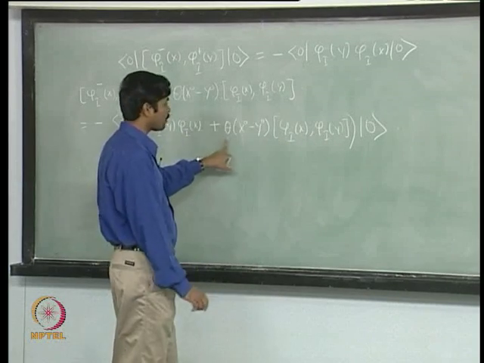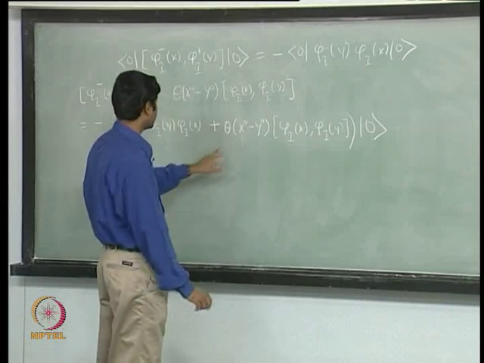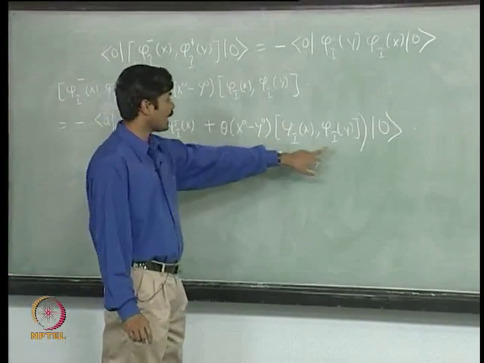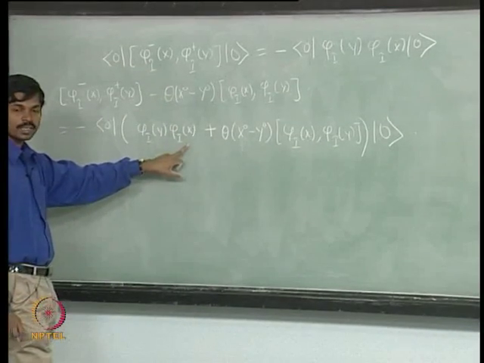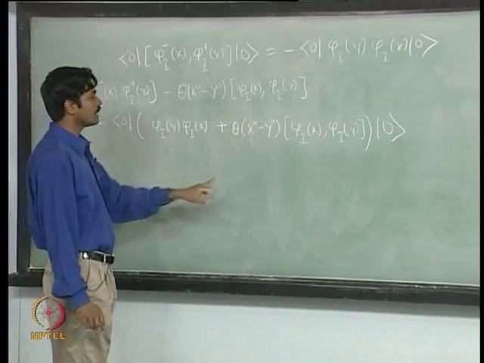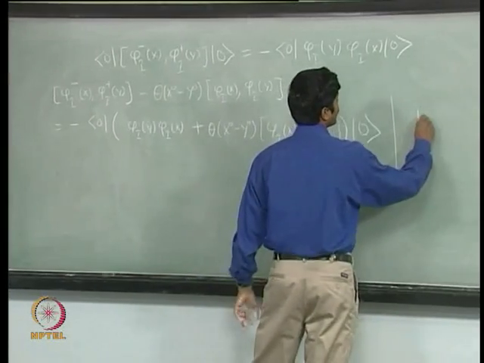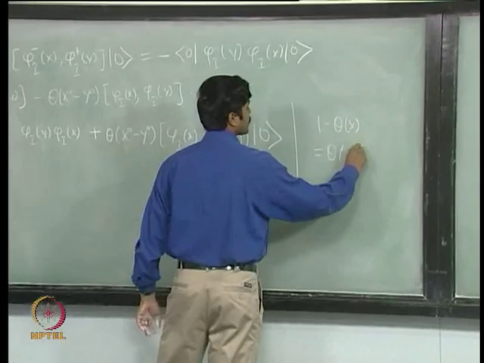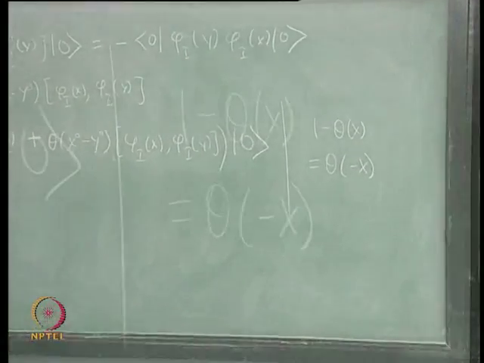The second term has a minus sign because of the commutator times theta x 0 minus y 0 and phi I y phi I x, but here you have already phi I y phi I x. So, you can combine these two terms. There is a 1 here, there is a minus theta of x 0 minus y 0. You know 1 minus theta of x is theta of minus x. This is one of the properties of the step functions.